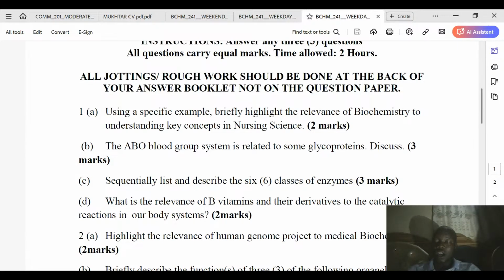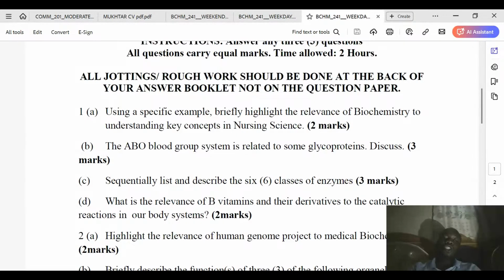For an individual with blood group A, they have N-acetyl galactosamine. For an individual with blood group B, they have galactose. For an individual with blood group O, they have neither galactose nor N-acetyl galactosamine. So this is the answer to question 1B.